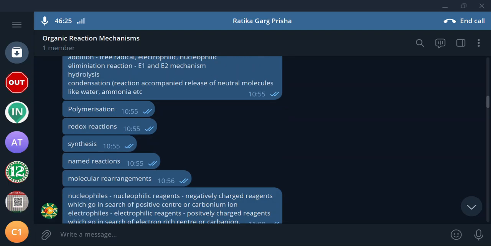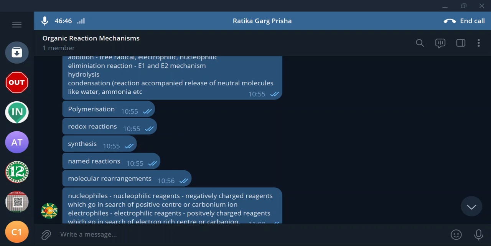You know much about the redox reaction, where you have de-electronation and electronation, because oxidation is nothing but de-electronation and reduction is nothing but electronation. Organic compounds can also undergo such redox reactions, right? Then synthesis.